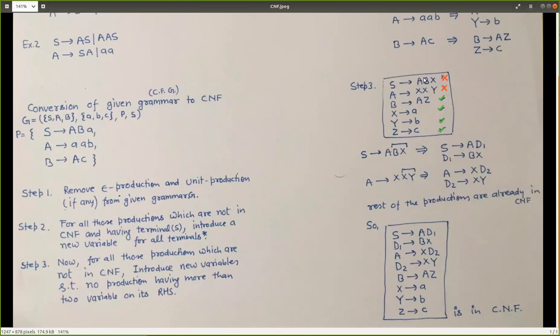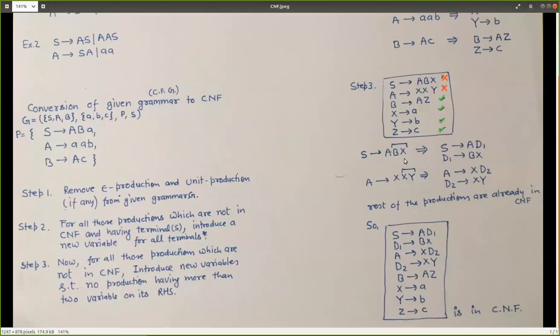The production which is not in CNF, we pick that production, and there is a guarantee: if there is a production which is not in CNF, the reason must be that there are three or more variables on the right hand side.